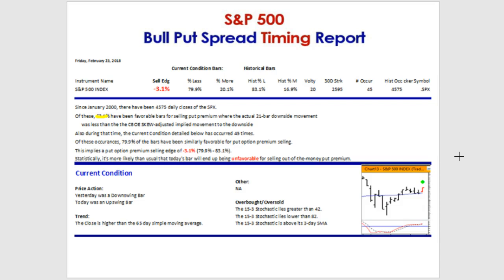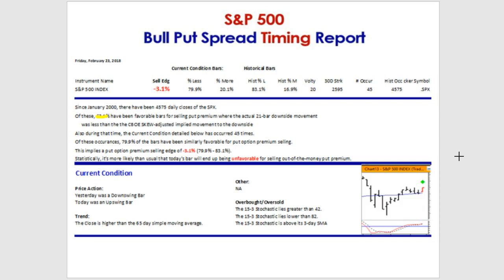So once again, 83.1% of the time, the market does not move down that full standard deviation 30 days out. That's what's being implied by the option price, is it fails to do it. Now, the rest of the time, 16.9% of the time, yeah, it does go down and strike that one standard deviation level. But that's the benchmark, historical benchmark.